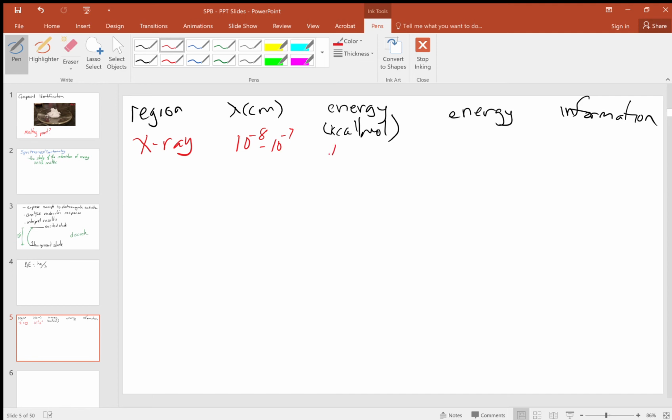Well, that means the energy is very high. X-ray looks at inner shell electrons. And the information we get is the complete structure of the molecule.